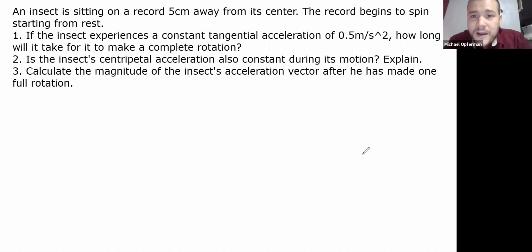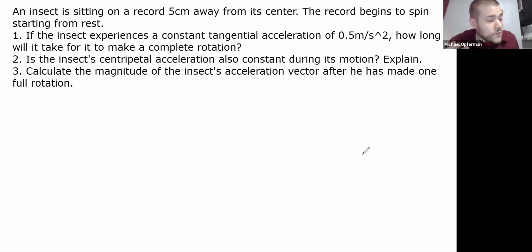I don't think I need to really draw the initial and final states here. They're actually the same. The insect is sitting at a certain location on the record. In between the initial and final states, he makes one rotation. He ends up back at the same place where he started.